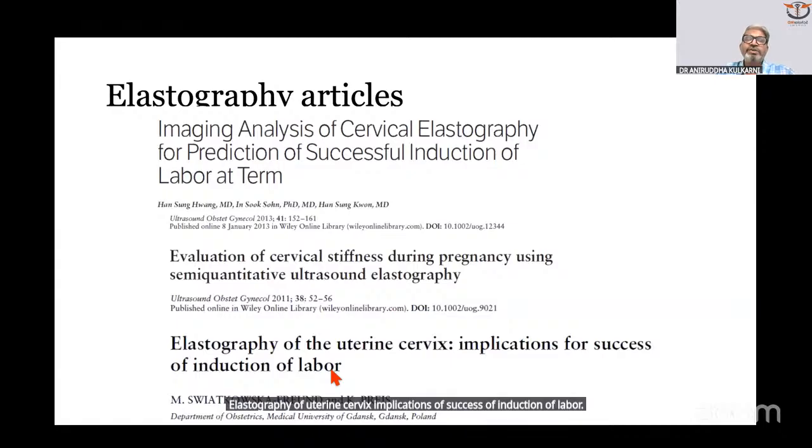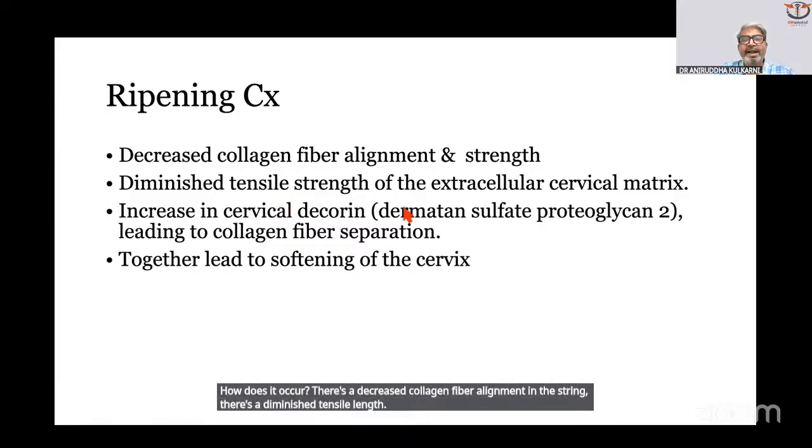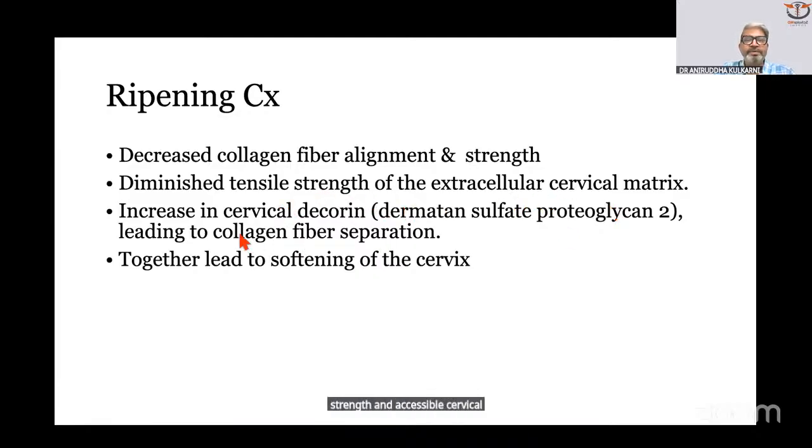But still, as on date, as a primary modality to assess the stage at which labor can be induced, it is still in the pipeline. The ripening of the cervix, how does it occur? There's decreased collagen fiber alignment and strength, diminished tensile strength, and extracellular cervical matrix, and increased cervical decorin. This together leads to softening of the cervical canal.